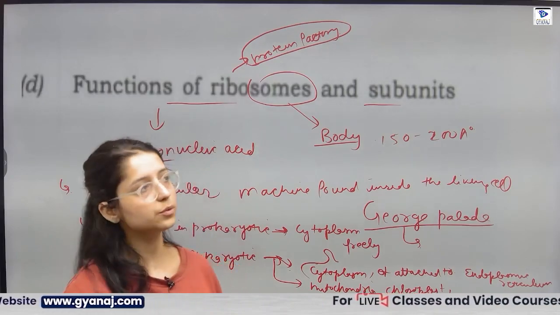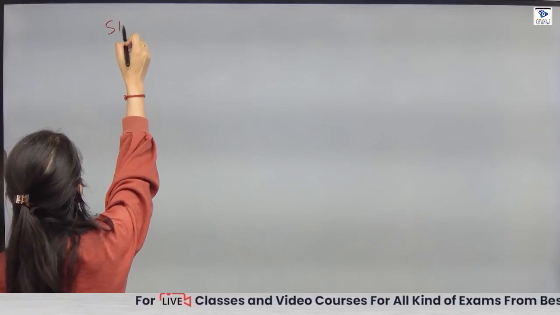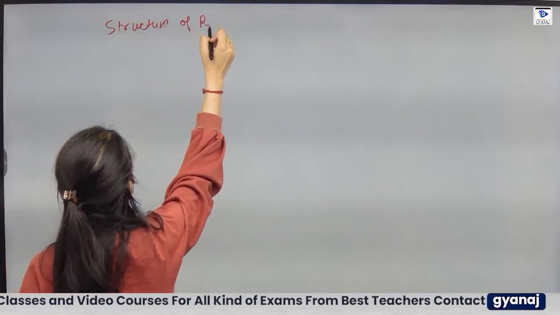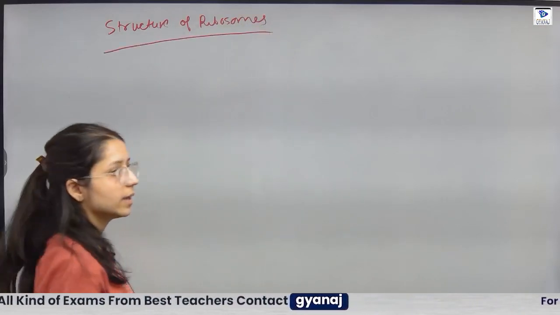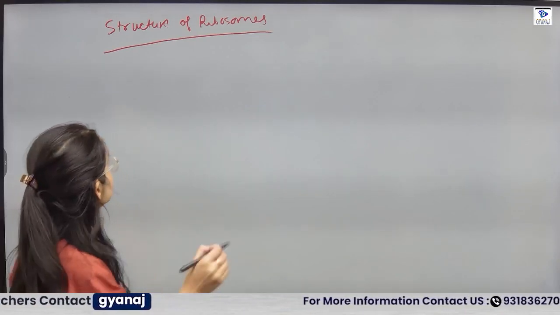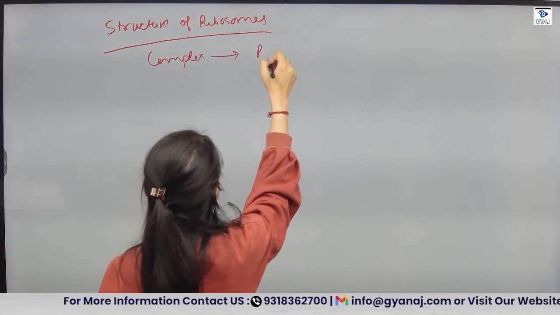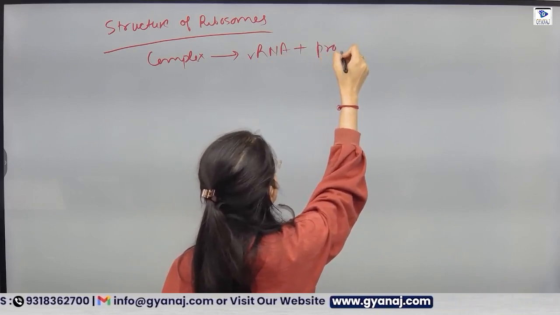Now let's move to the structure of ribosomes. The ribosome is made up of a complex of rRNA and proteins.